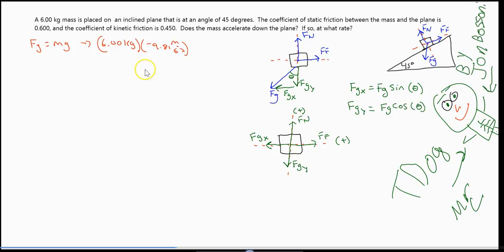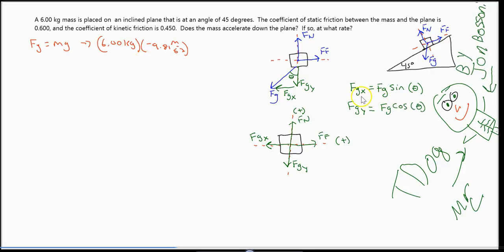Now, I seem to have written negative 9.81 meters per second squared. That's not really relevant right now because the acceleration due to gravity points directly down, which, if we look at this diagram, is at this angle. It's not on either of these axes. So to call it negative 9.81 meters per second squared is not really relevant.